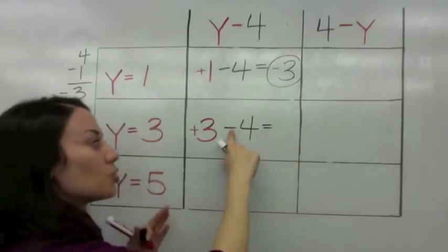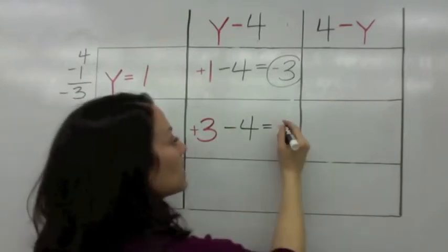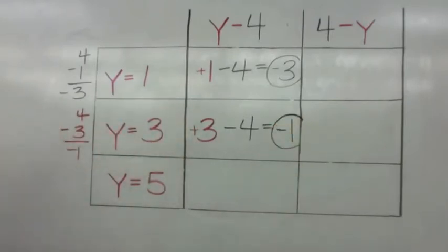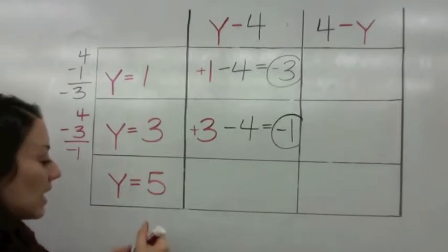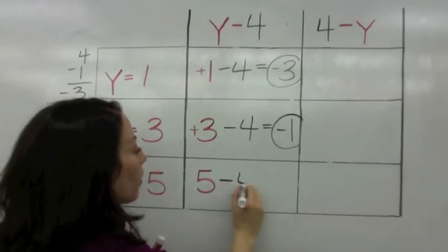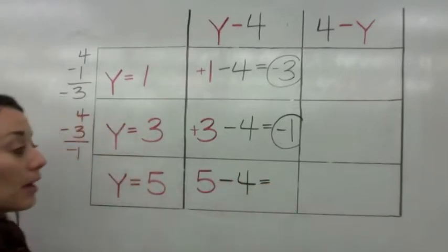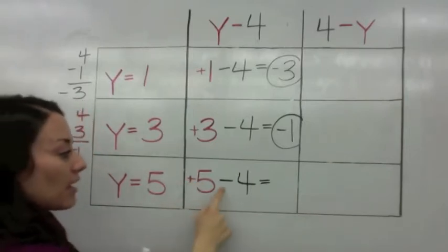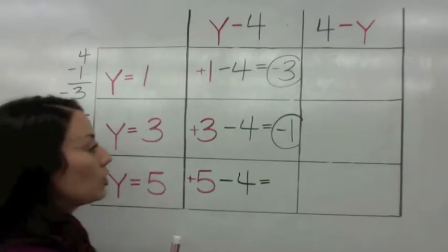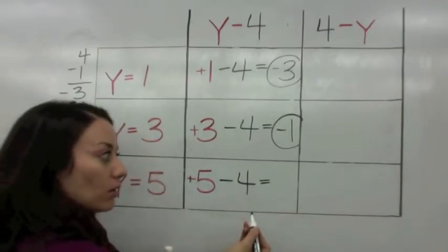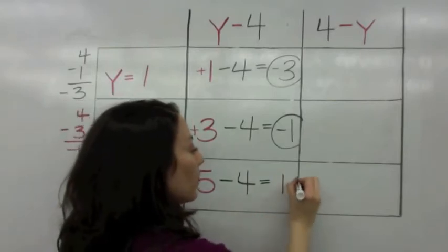So negative and subtraction can mean the same thing in this case. Last one is y equals 5. Let's plug in a 5 now, and subtract 4. Here, the bigger number is 5, and it's positive. So this is really just saying 5 take away 4, which is positive 1.